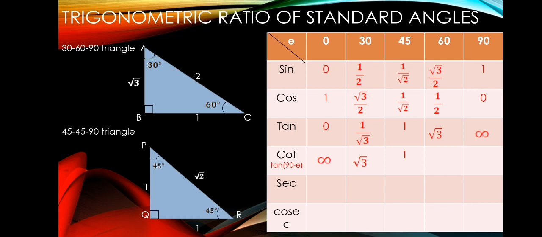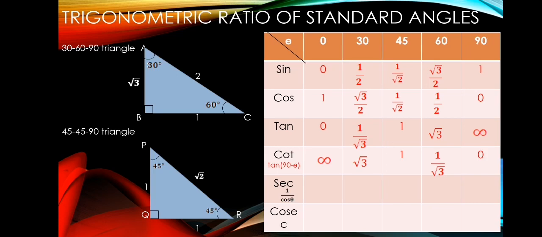Cot 60 will be tan 30, which is equal to 1 upon root 3. And cot 90 will be tan 0, which is equal to 0. So we are getting cot values as cot 0 is infinity, cot 30 will be root 3, cot 45 is 1, cot 60 will be 1 upon root 3 and cot 90 will be 0.